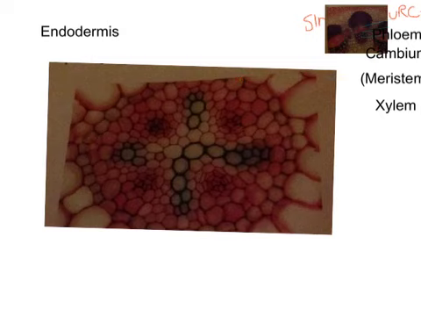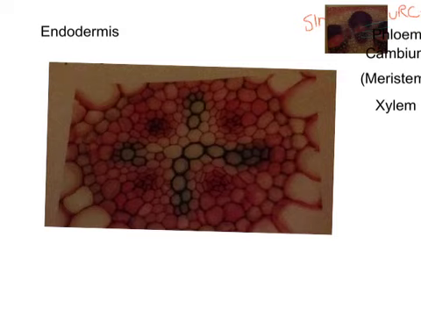Underneath that is the endodermis, and this also contains the ability to pass water to the xylem vessels. And just under the endodermis is a layer of meristem cells, just like you found in the stem. And of course, the meristem cells can divide into either xylem or phloem.